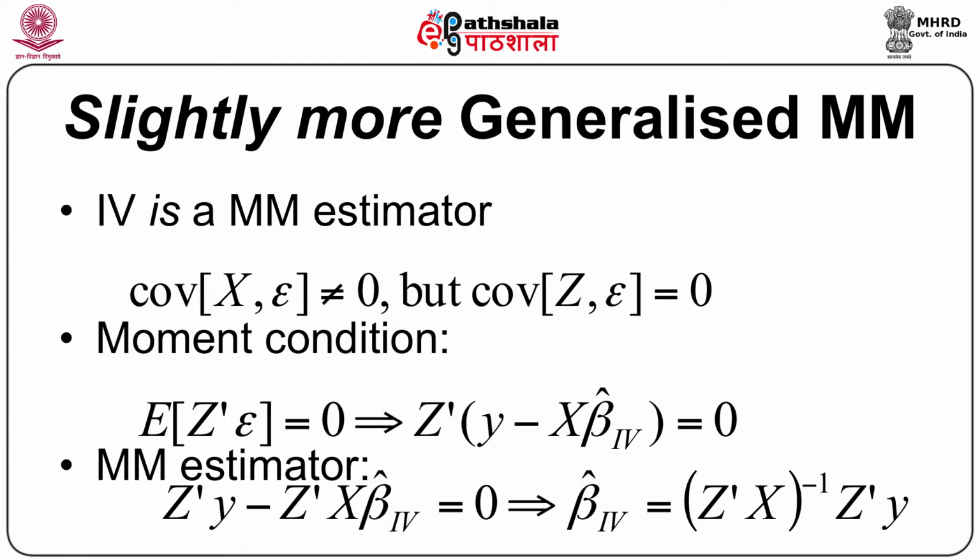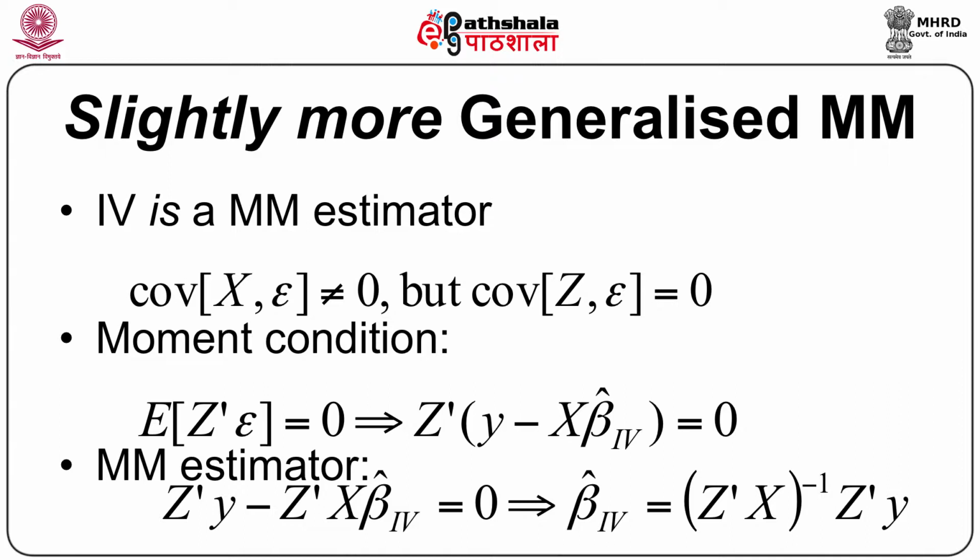So, using the condition that the covariance between x and epsilon is not equal to 0, we are searching for another variable Z satisfying the condition that the expectation of Z prime epsilon equals 0, and this gives us the condition Z prime (y minus x beta hat) equal to 0, or you are getting beta hat IV as (Z prime x) inverse Z prime y, that is the instrumental variable estimator for beta.